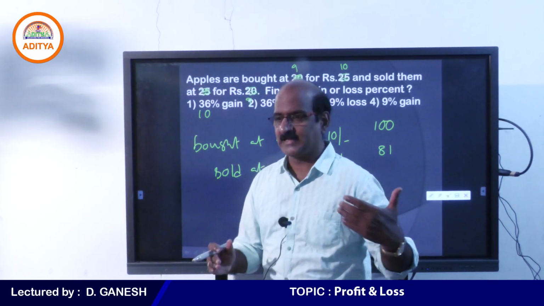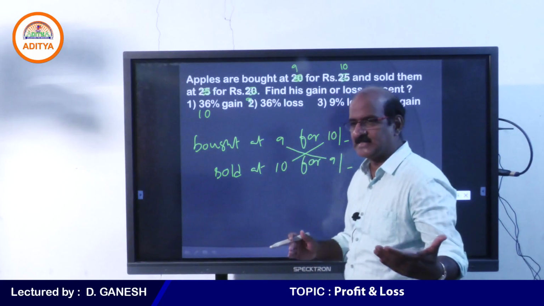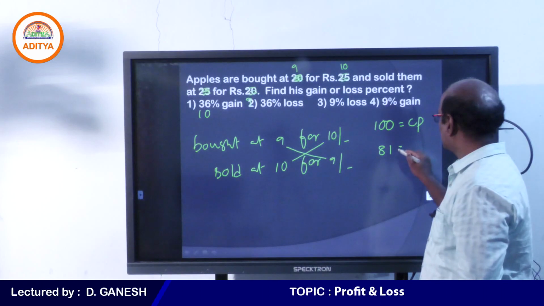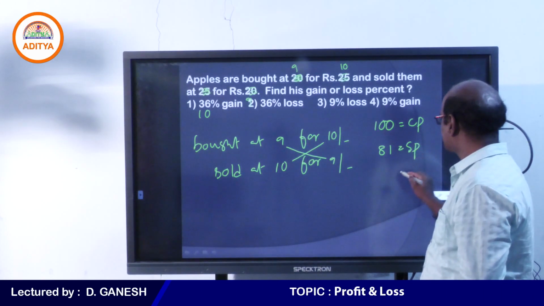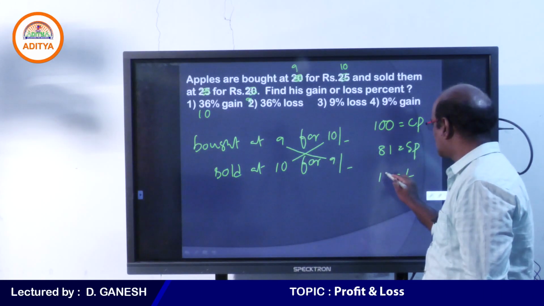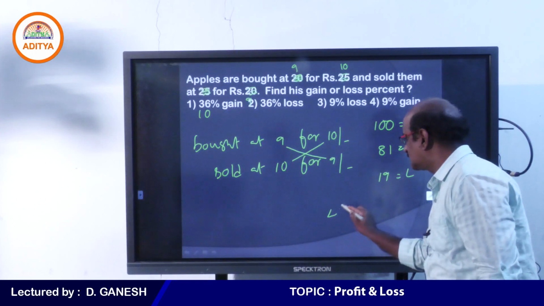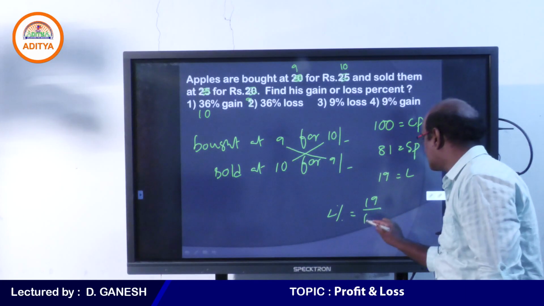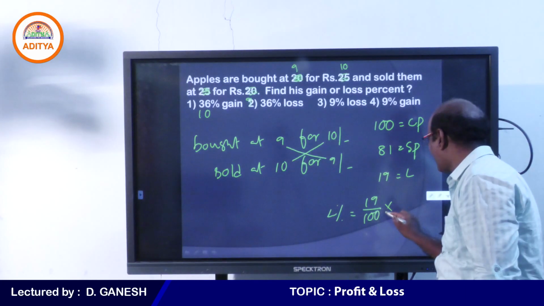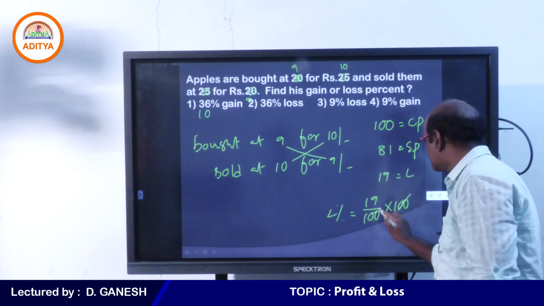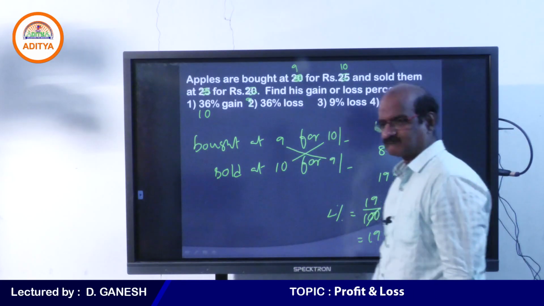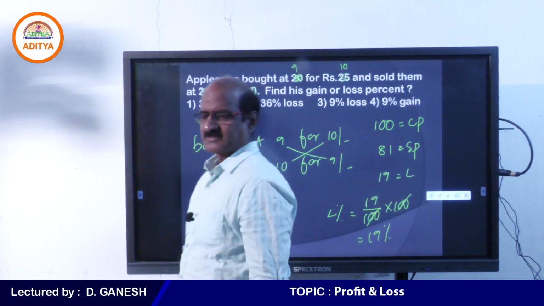When there is a loss, cost price must be more, selling price must be less. Therefore, there is a loss of 19. So loss percent is given by the formula loss by cost price into 100, which gives 19%.